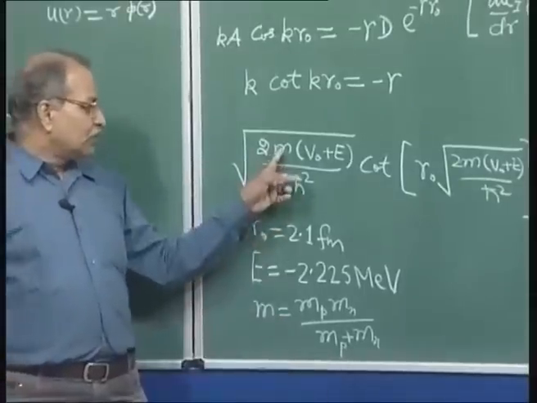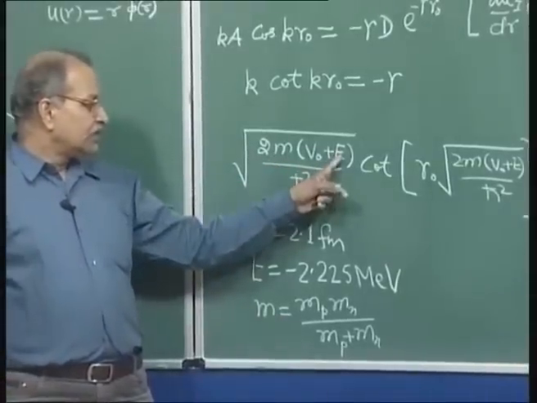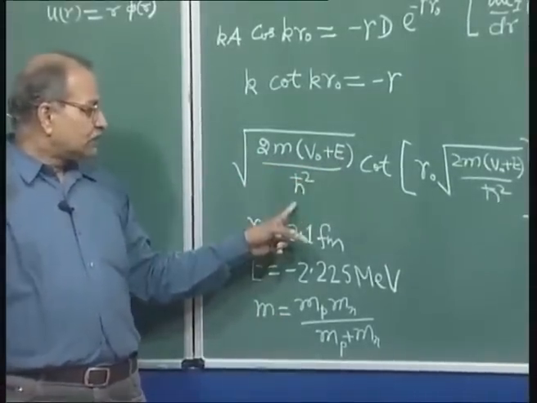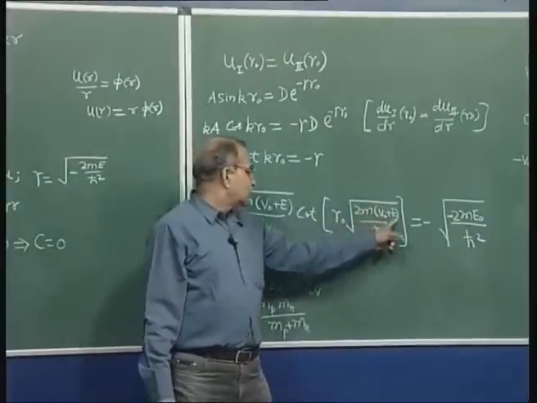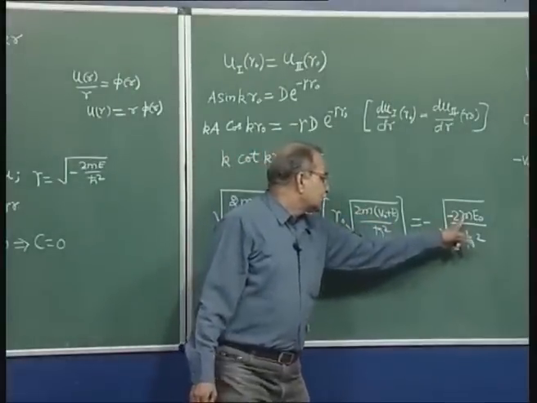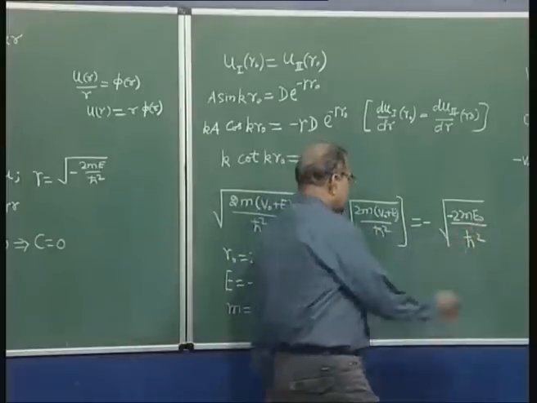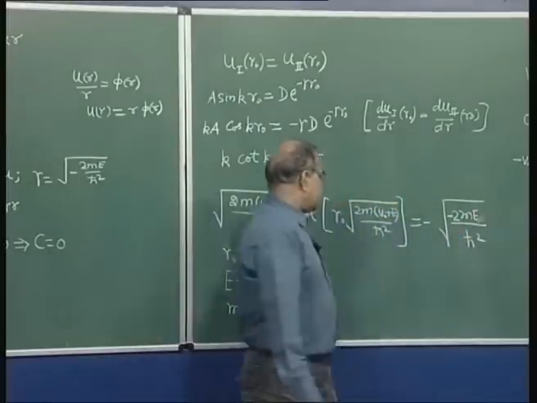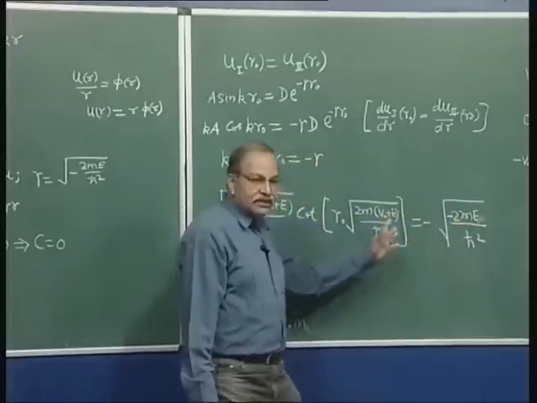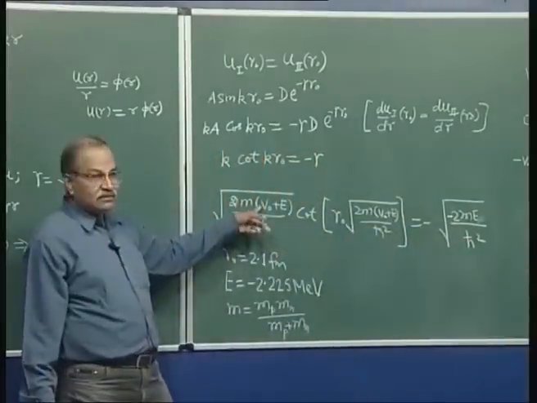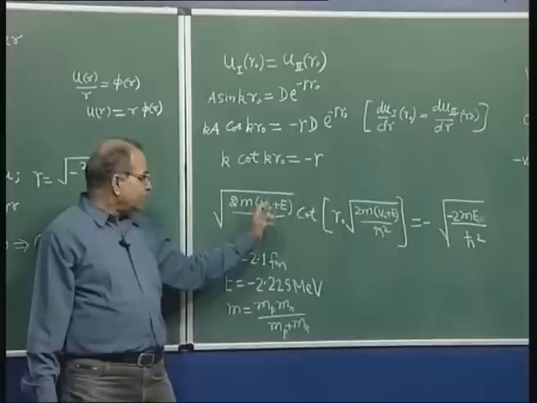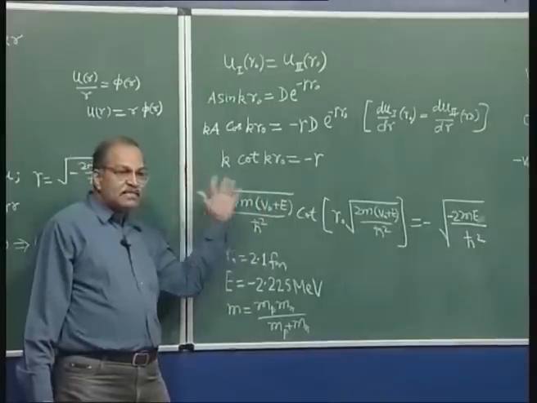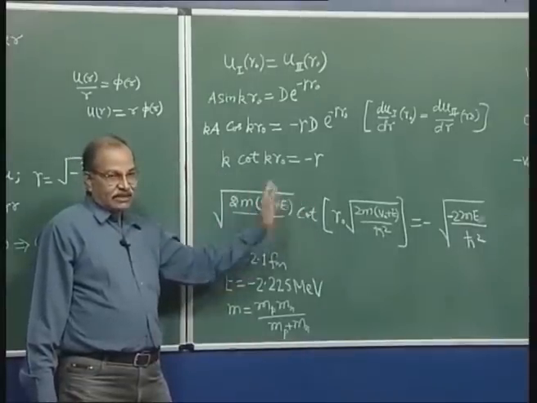So, M is known, E is known, h cross is anyway known, R naught is known, everything is known except V naught. So, this is an equation in V naught. If you solve this equation, everything else is known.